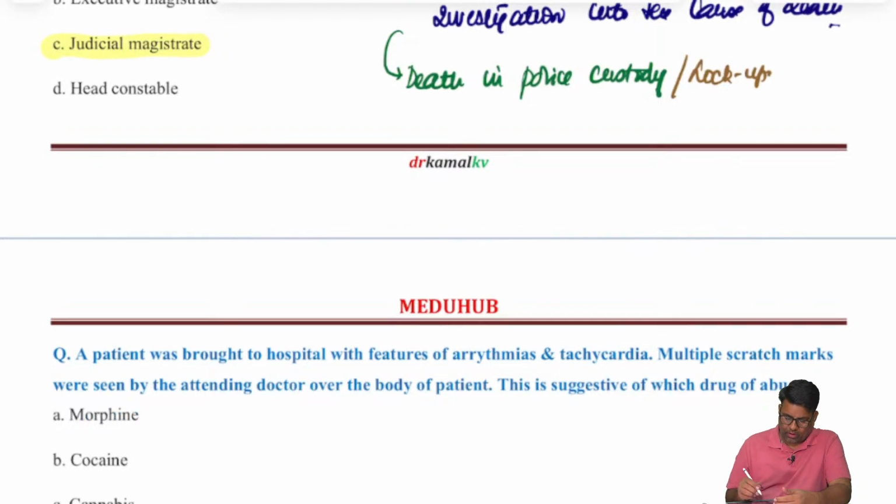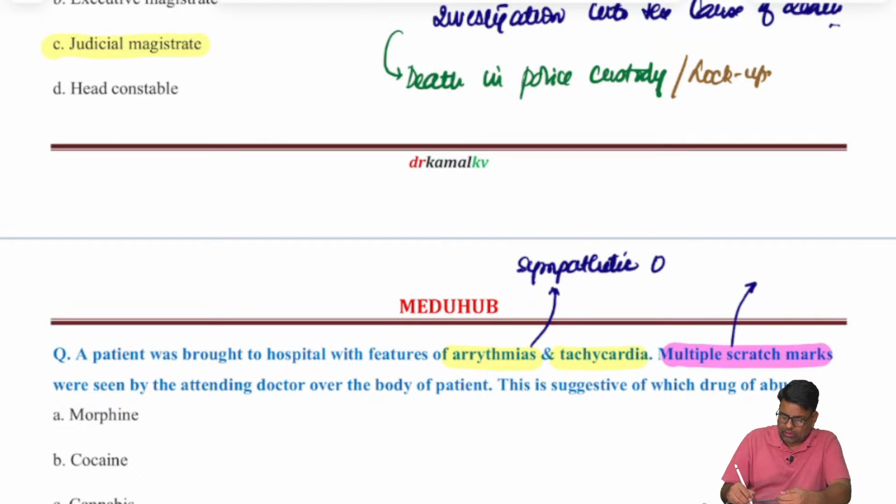Now, a patient was brought to the hospital with features of arrhythmia, tachycardia, but most importantly, there were multiple scratch marks over the patient. Now, which drug abuse case is this? Here you are getting 2 clues. One is scratch marks, and second is sympathetic overactivity.